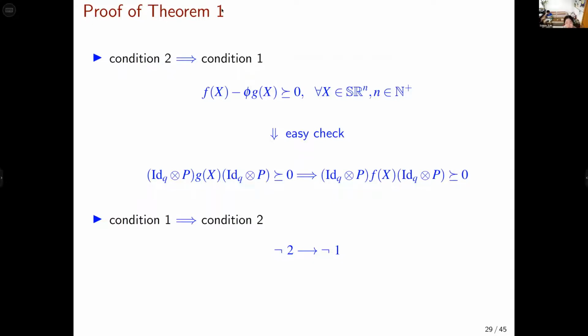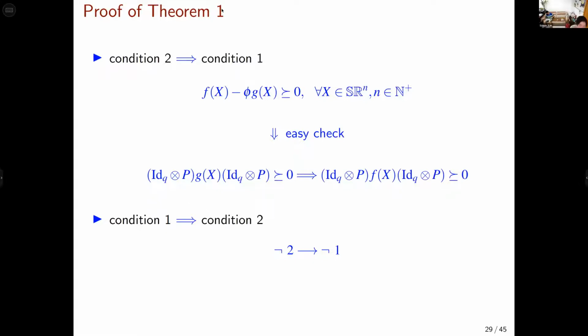This is easily checked, but we should notice that the linear map phi only works on the coefficients of G, and the projection P only works on the variables of G. So these two operations can be exchanged.